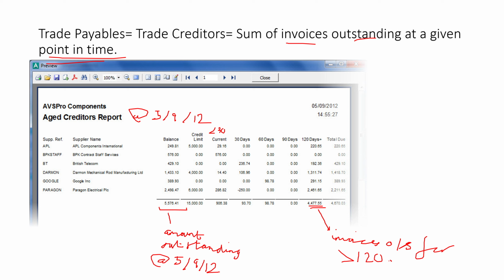That's 4 months, isn't it? That's a long time. So if you're a business, you'd be wondering, why have these amounts not been paid? Is there some kind of dispute going on? If you're an auditor, you'd be wondering the same. It's normally not good business to pay suppliers late, as you just damage your relationship with them.